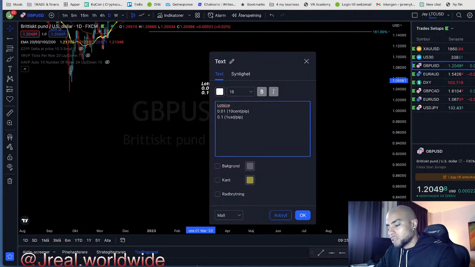And lot size 1, a standard lot, is 10 USD per pip, like that.